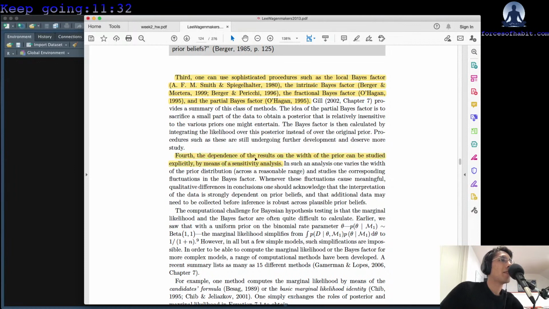So fourth, which I think I'm a fan of here, we can just do simulation, right? And we can explicitly just test our hypotheses across a range of prior distributions and then see when our conclusions break, under what specifications of prior distributions would we find fluctuations in the inference that we would draw from our hypotheses.